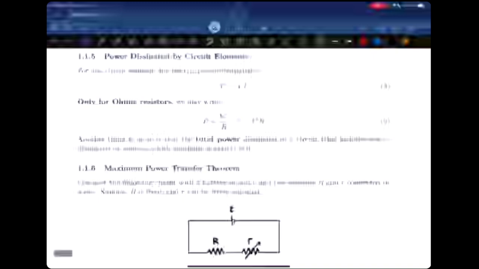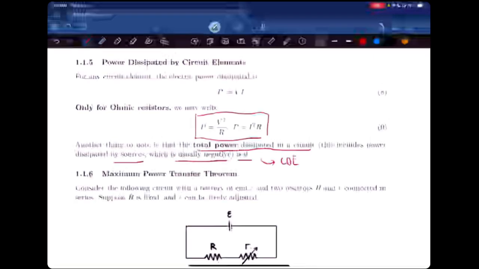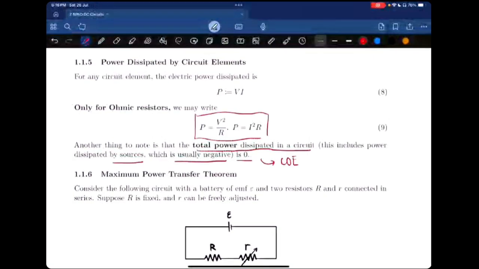And so power is usually negative, because the source is dissipating power. So yeah, power calculation.